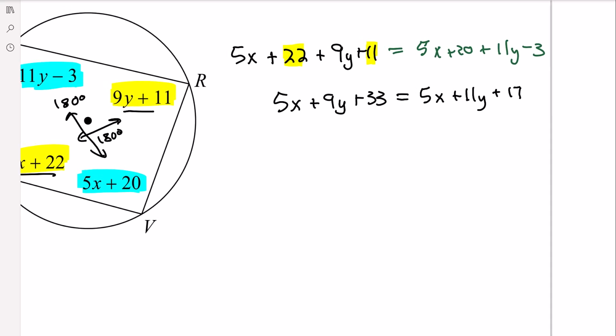Okay, well, look at what also I notice. If I subtract 5x from both sides, they would both cancel out. So now what I have is 9y plus 33 is equal to 11y plus 17.